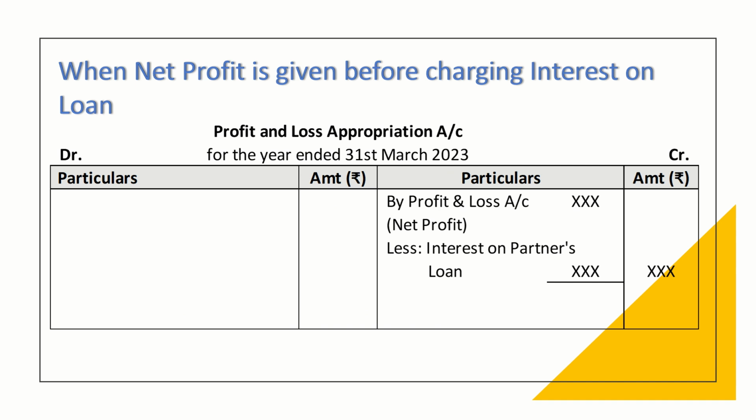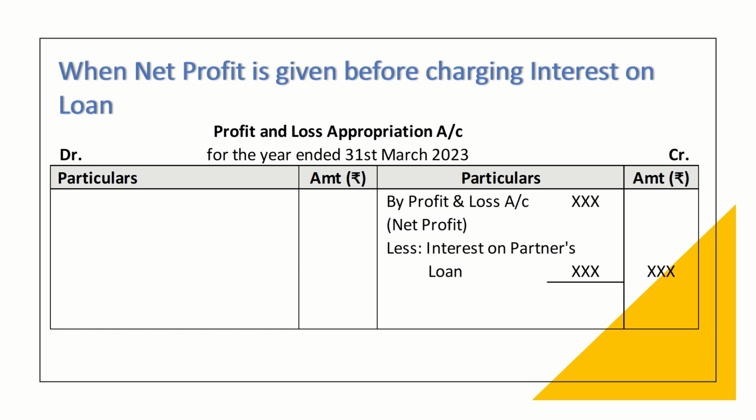Now in the question, most of the time you will see that the net profit is given before charging interest on partner's loan. That means it is not yet debited to the PL account.